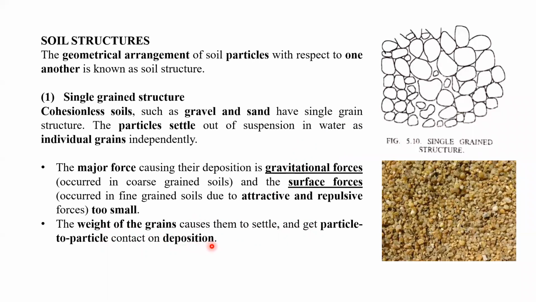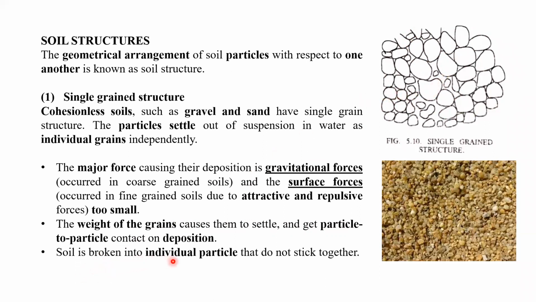As the gravel and sands are transported by the water, depending upon their weight, they will settle and the structure will form. You can see particle to particle contact. One particle will remain in contact with the other particle, and it will be deposited.